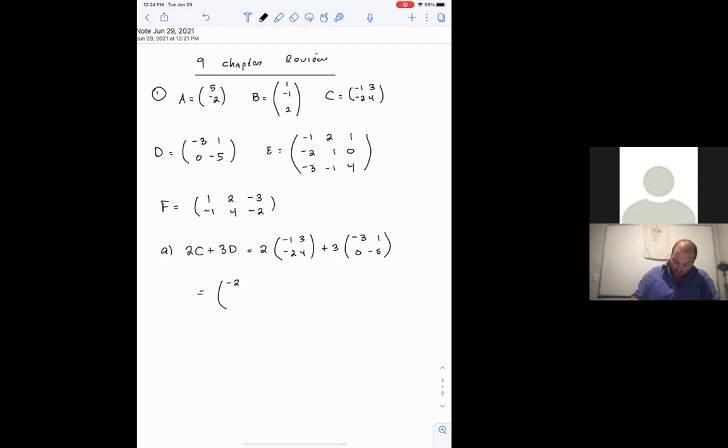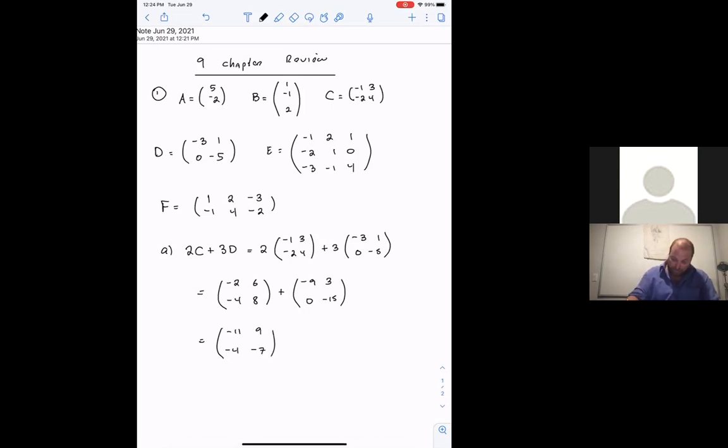You just multiply each one. So -2, 6, -4, 8. Plus, same thing here, -9, 3, 0, -15. And how do you add 2 matrices? You just add them slot by slot. So -11, 9, -4, -7.